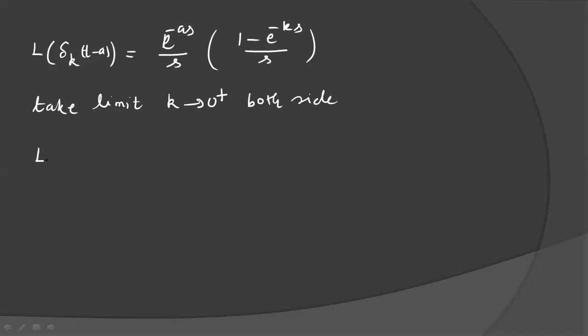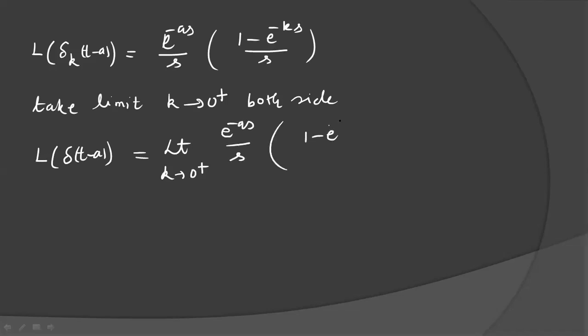It will become the delta function with jump discontinuity at t equal to a. So the limit k tending to 0 plus of e to the power minus as over s times (1 minus e to the power minus ks) over k.